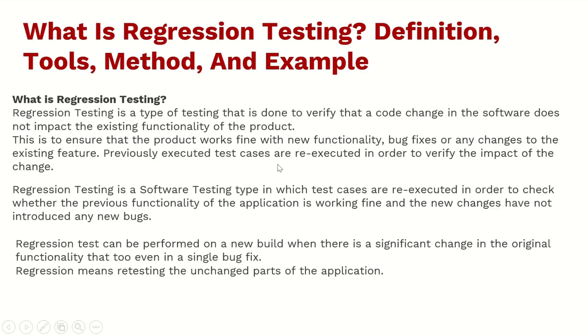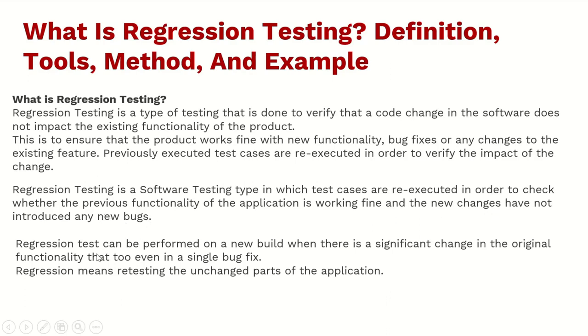Previously executed test cases are re-executed in order to verify the impact of the change. So regression testing is a software testing type in which test cases are re-executed in order to check whether the previous functionality of the application is working fine and the new changes have not introduced any new bugs.